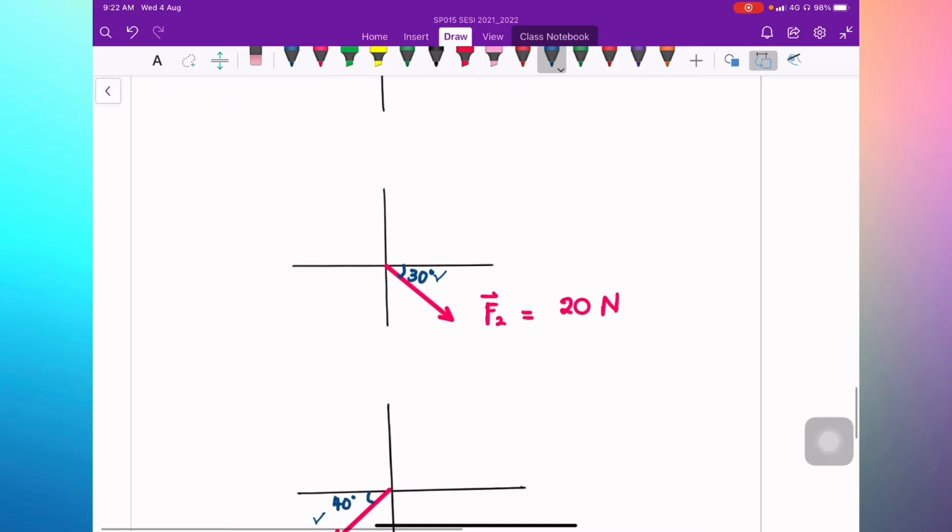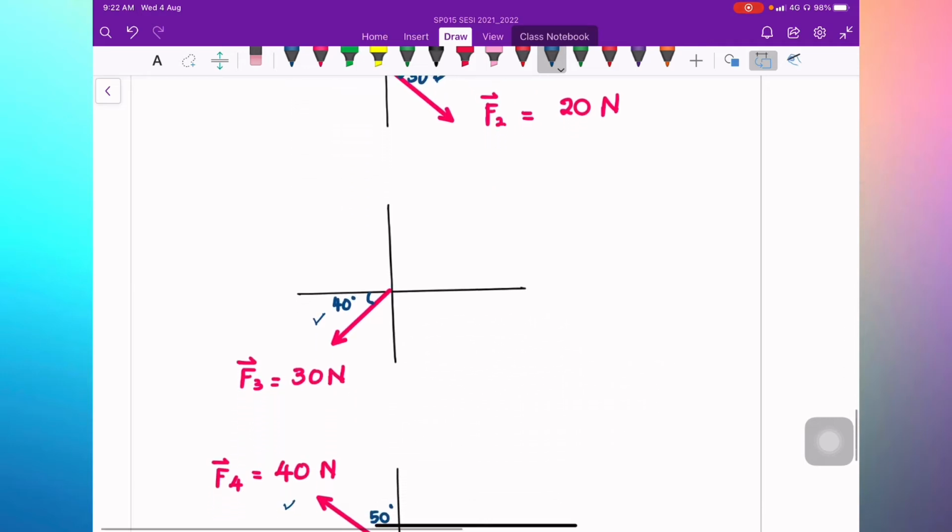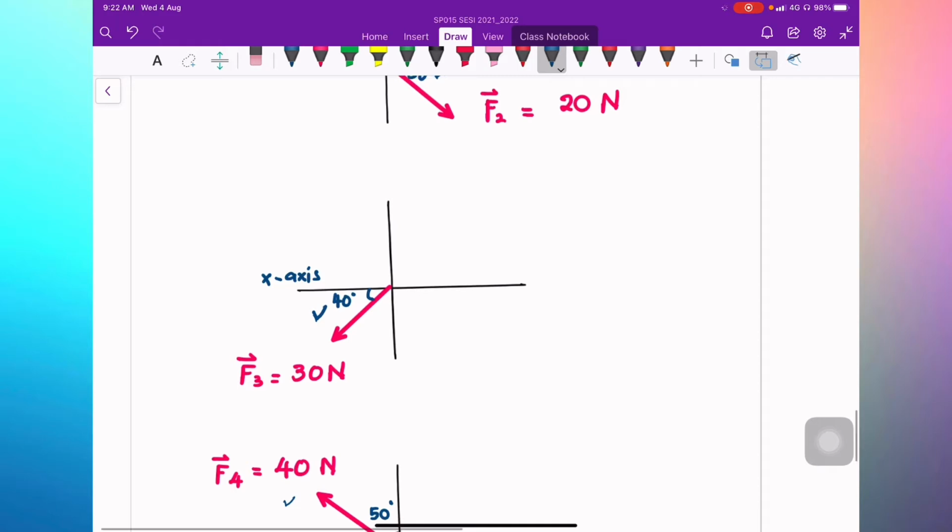For this one, this is also 30 degrees, and this is the x-axis, so we can use this angle. Same with this one, 40 degrees below the x-axis, so we can use this angle.